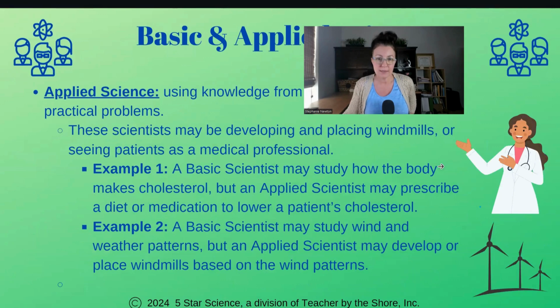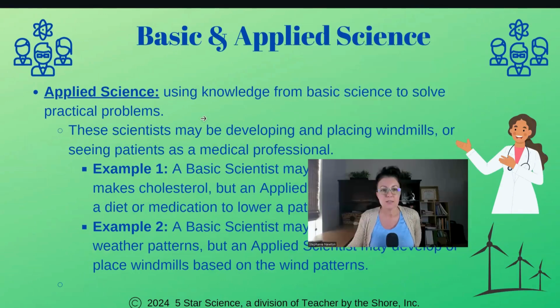Okay, applied science. Someone who works in applied science is using knowledge from basic science to solve practical problems. So they're actually working to do something. And it's not that basic scientists aren't doing something. They're coming up with all of the information that the applied scientists use to do their jobs.